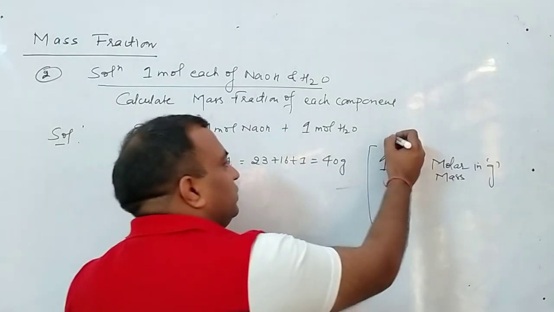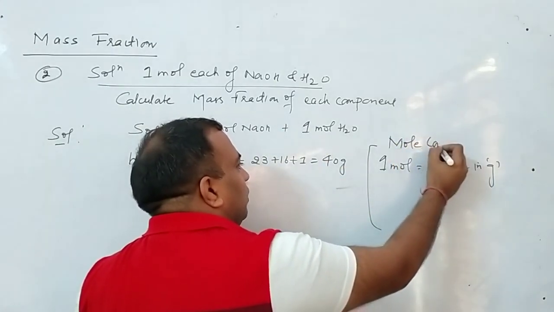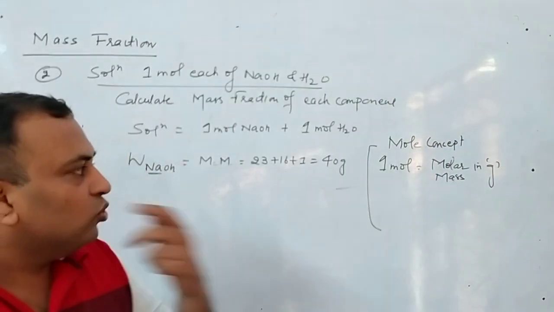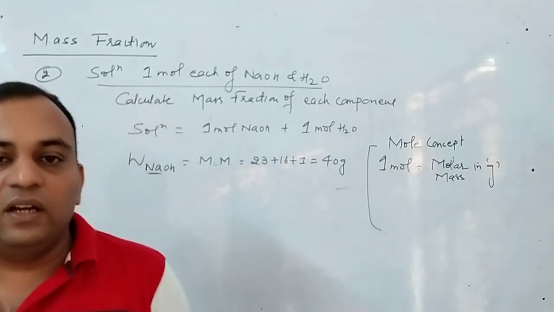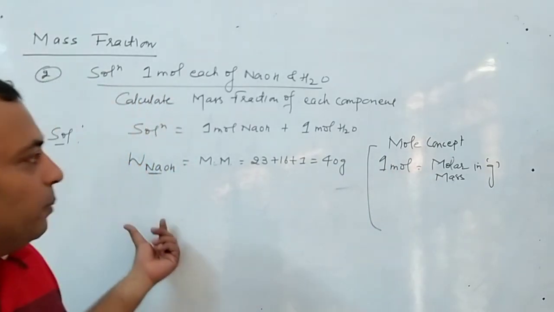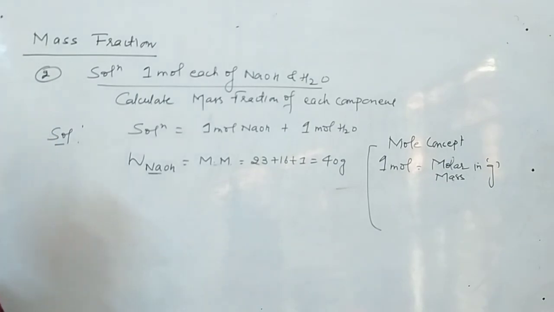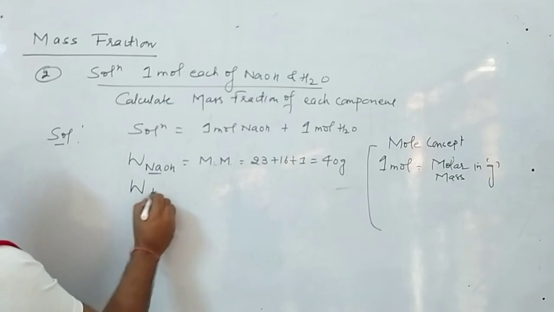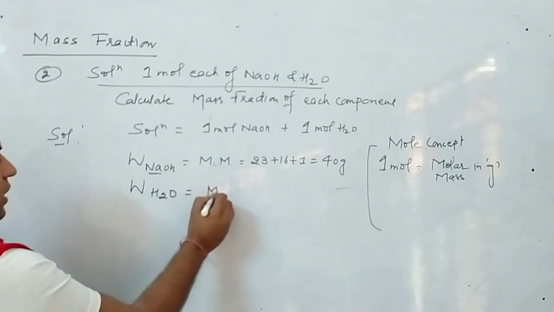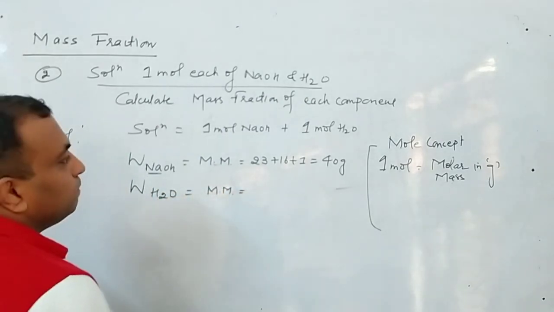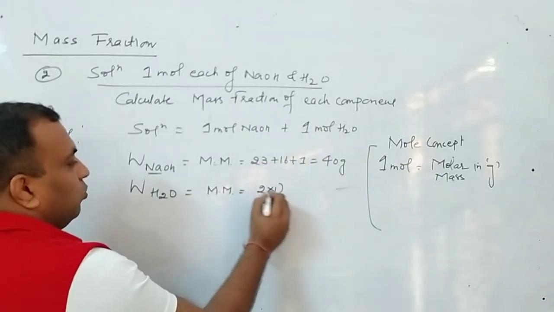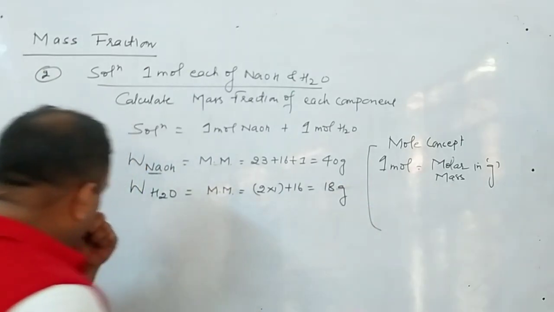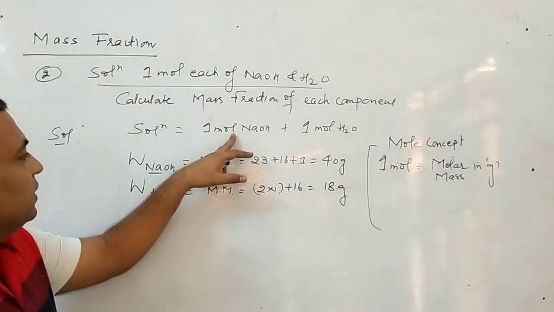Listen student, in chemistry the chapters are interrelated. If you don't know the mole concept, then there will obviously be difficulty in solving the numericals of this topic, that is concentration. So this will be the mass of NaOH. Similarly, we can calculate mass of water. This will again be equal to molecular mass. This comes out to be 2 into 1 plus 16, 18 gram. Okay. So from the moles we have calculated the mass.